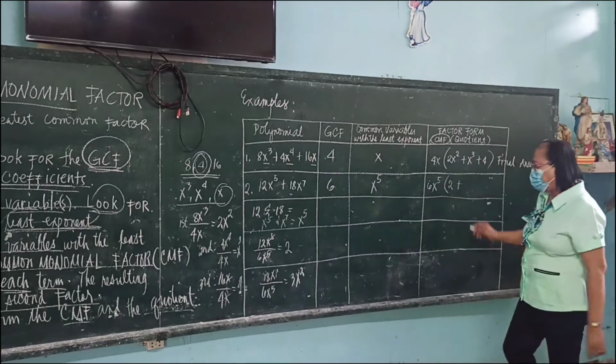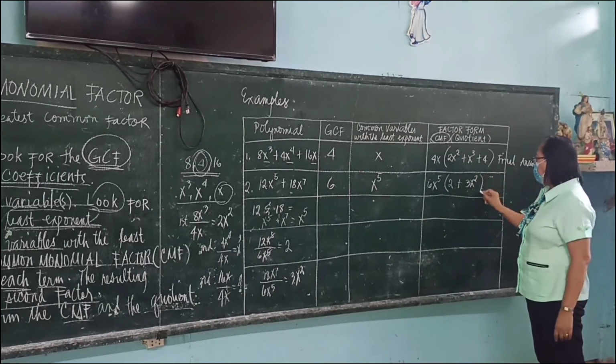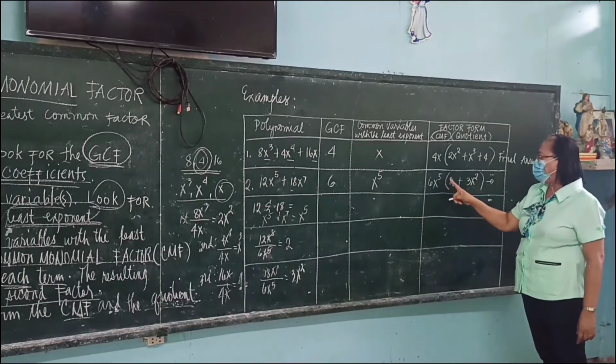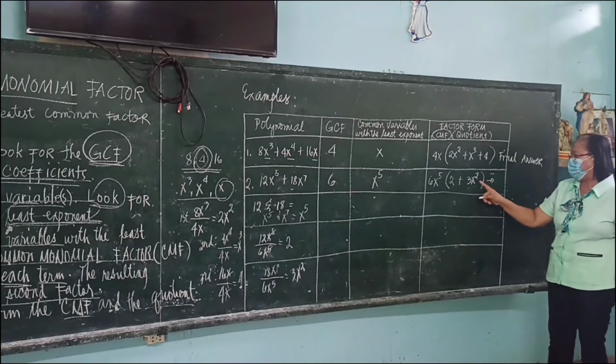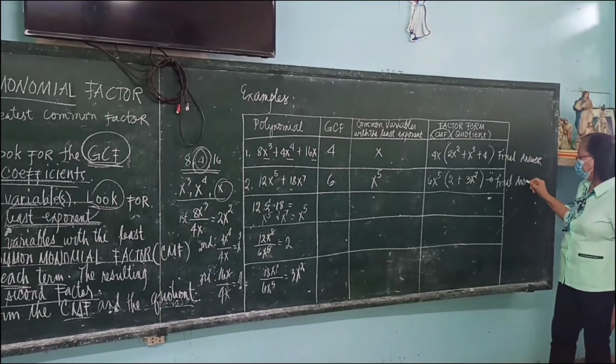So, this is now the answer, 3x to the power of 2. And the final answer is 6x to the power of 5 multiplied by 2 plus 3x squared. This is now your final answer.